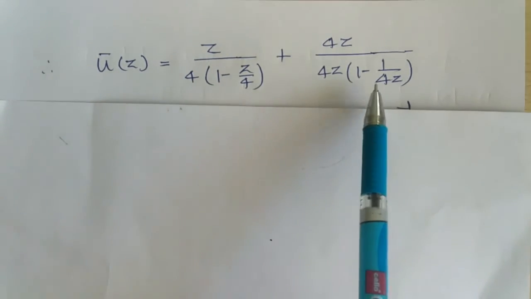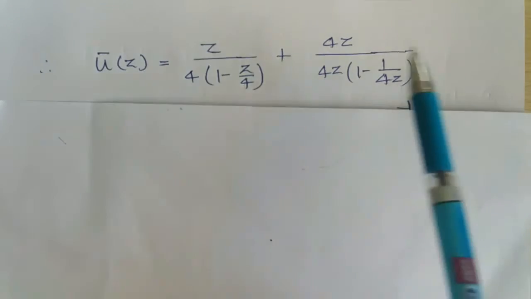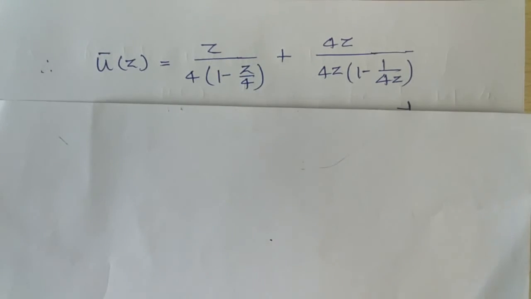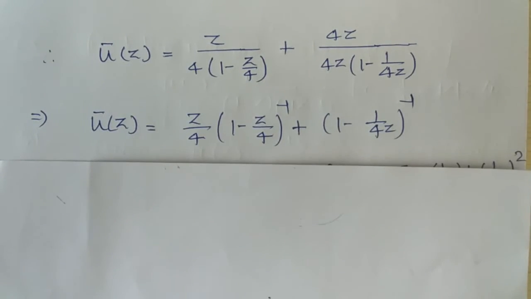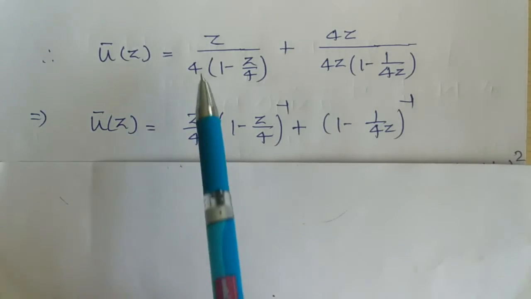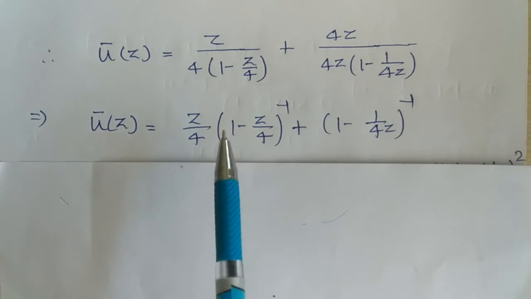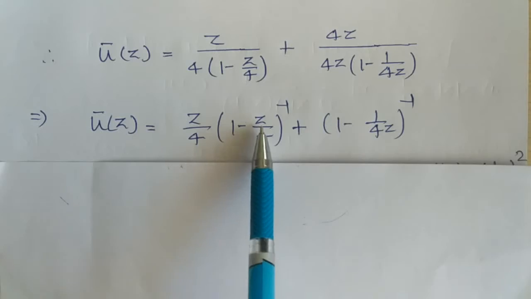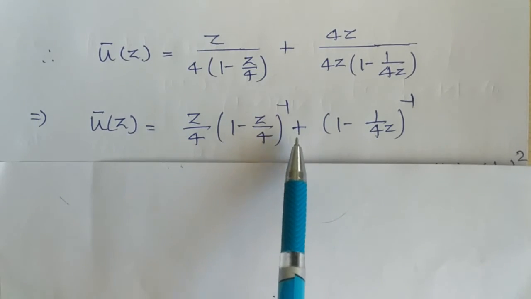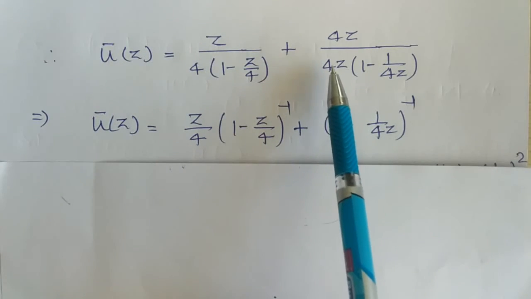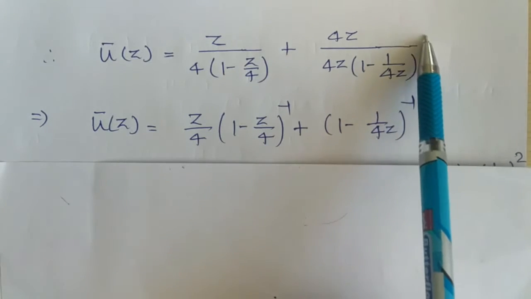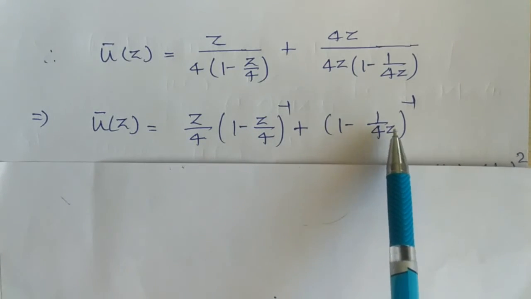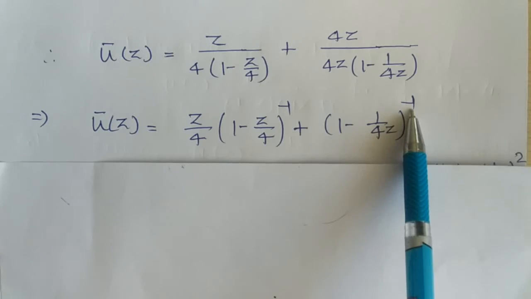So here we move these two expressions to the numerator with inverse power, then we get u bar z is equal to z by 4 into (1 minus z by 4) whole inverse, plus here 4z cancels, and in the numerator we get (1 minus 1 upon 4z) whole inverse.